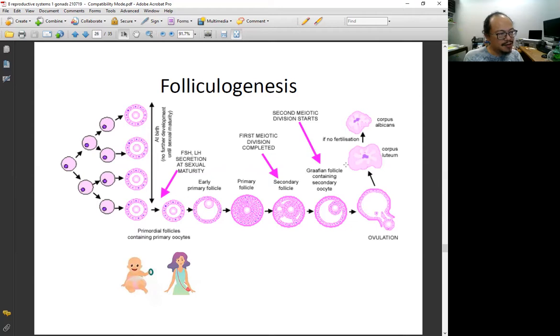So folliculogenesis is the process to complete this oocyte meiosis, as well as the follicle development, and it only happens after the age of puberty, right?